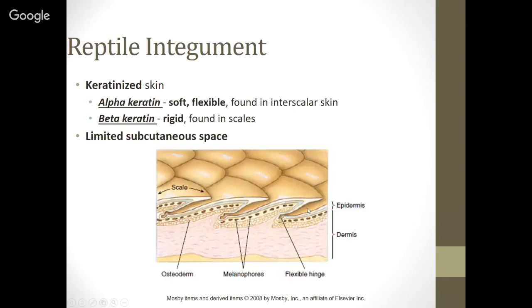So this is the epidermis, where the keratinized skin. We have our small amount of dermis, and then we have our muscle tissue or bone tissue here. There are melanophores in the skin. These are pigmented cells. The osteoderm, which is a bony part, and here's our flexible hinge made of alpha keratin.